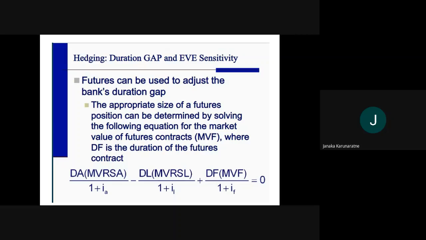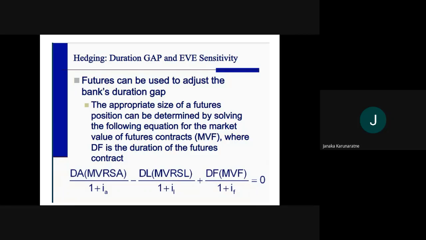So futures can be used to adjust the bank's duration gap. What we are trying to do is use futures contracts to minimize the interest rate risk. How do you do it? We can plug certain numbers into this formula and find the appropriate futures contract to hedge that portfolio or the entire balance sheet.